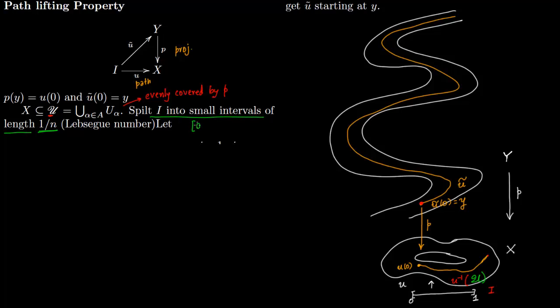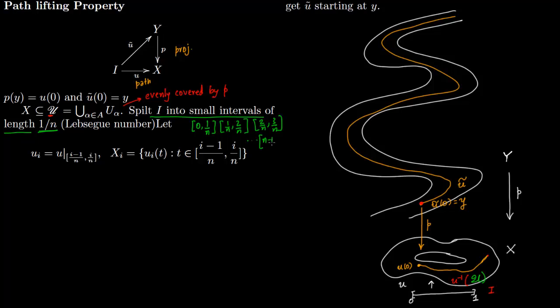So you have 0 to 1 by n, 1 by n to 2 by n, 2 by n to 3 by n, basically (i minus 1) by n, comma i by n, all the way to (n minus 1) by n, comma 1.